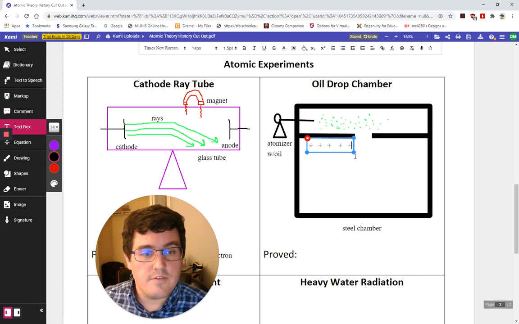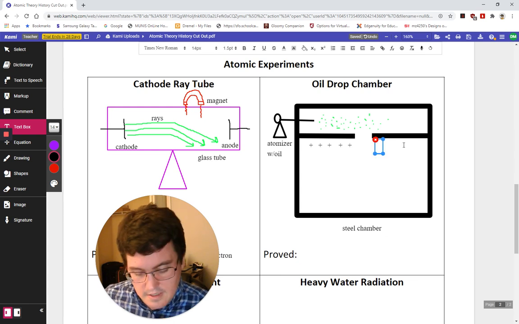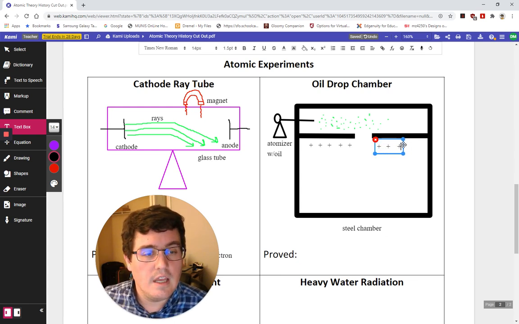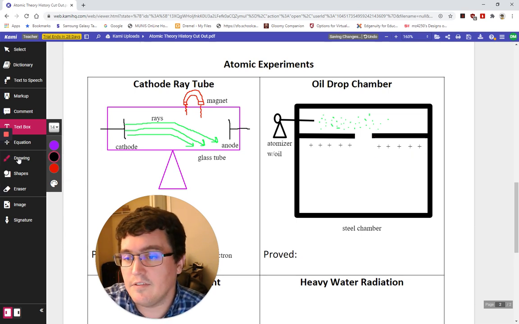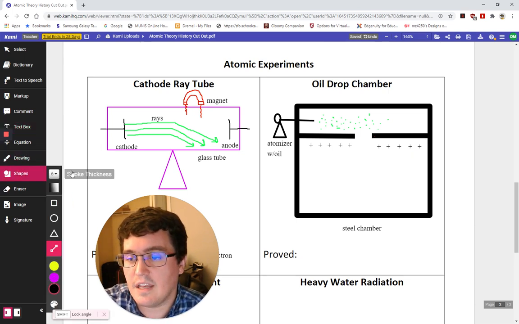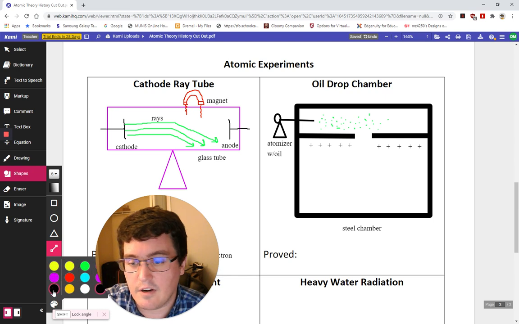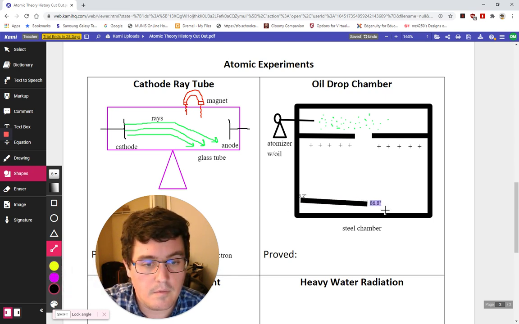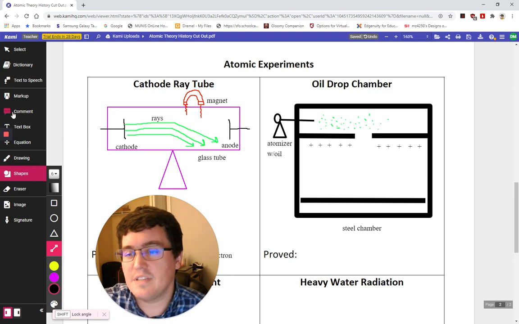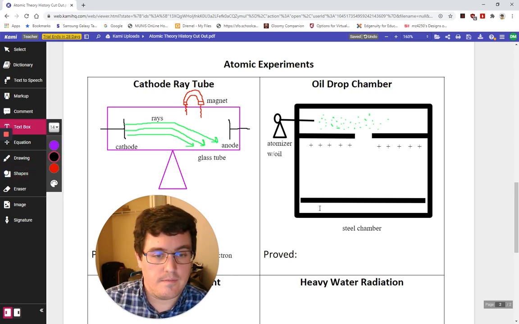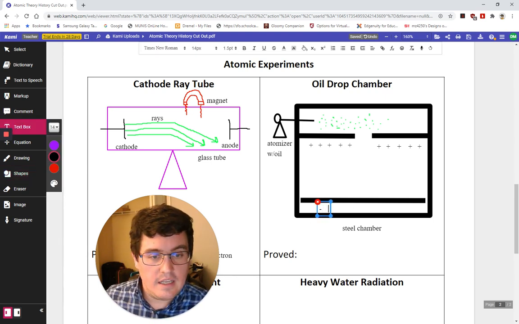Where you've got a positive, somewhere you've got to have a negative, and so the negative part was that he put another plate down here at the bottom. This plate right here was a negatively charged plate.